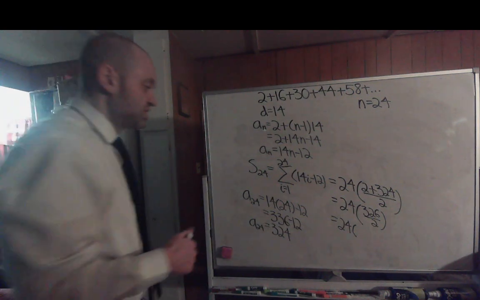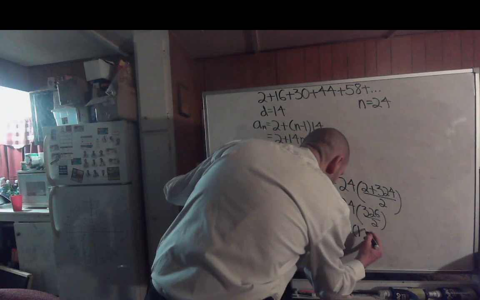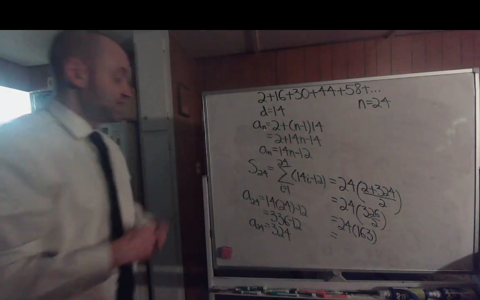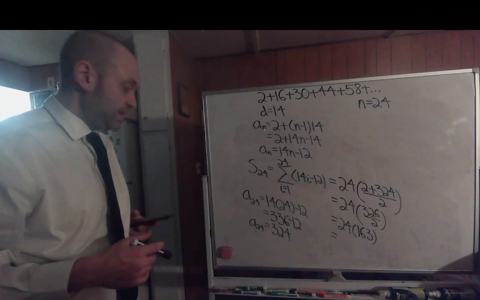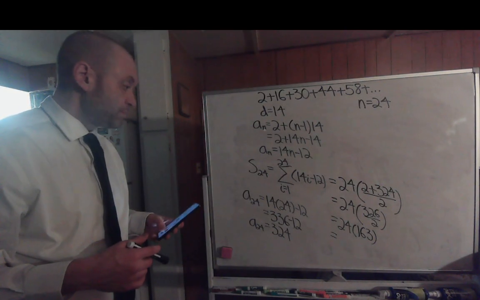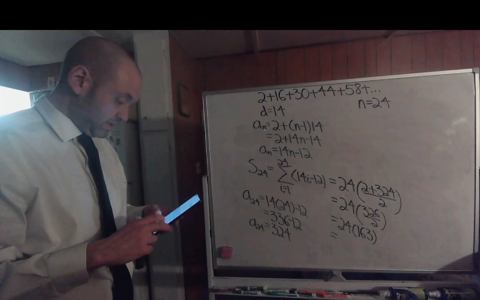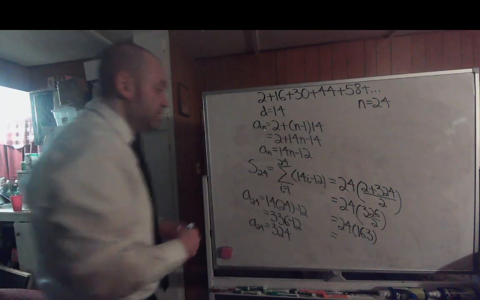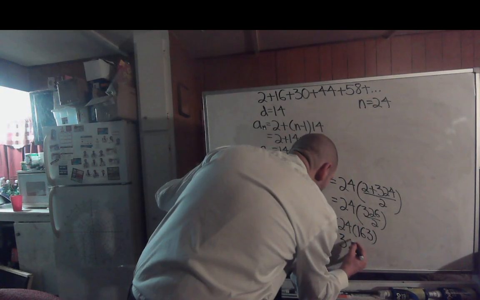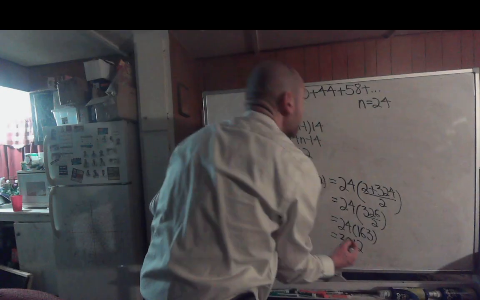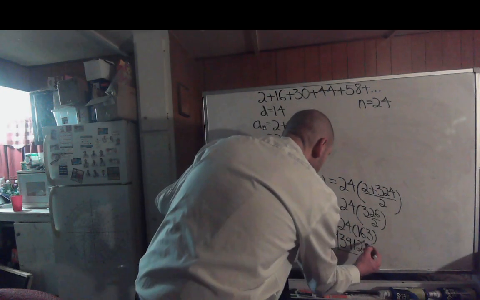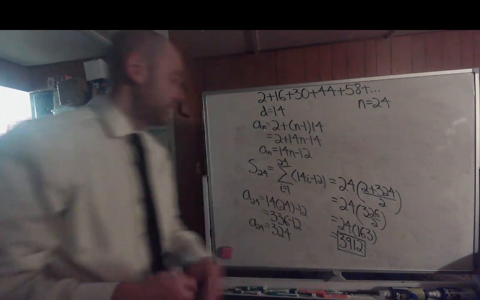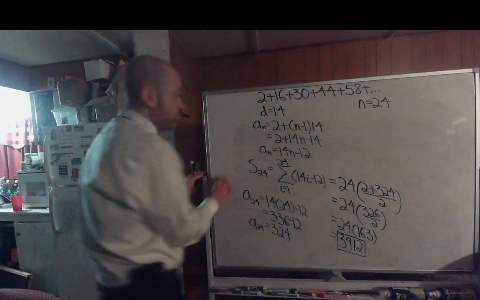Yep, it is 163. So it's just 24 times 163. Let's figure out what the heck that is. 3,912. So the sum of the first 24 terms of this series is equal to 3,912.